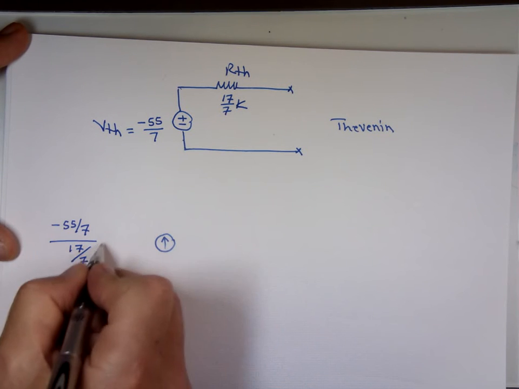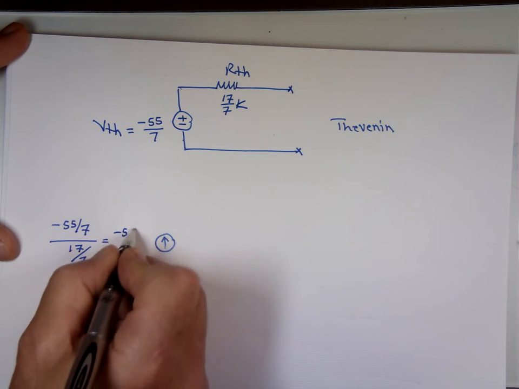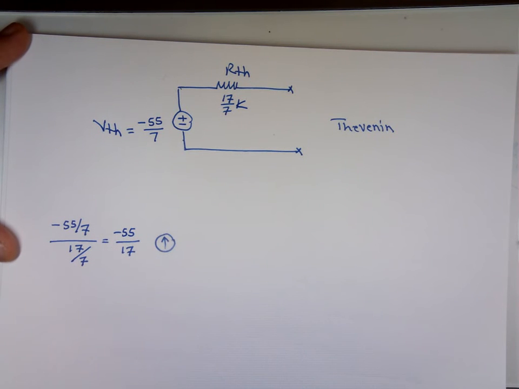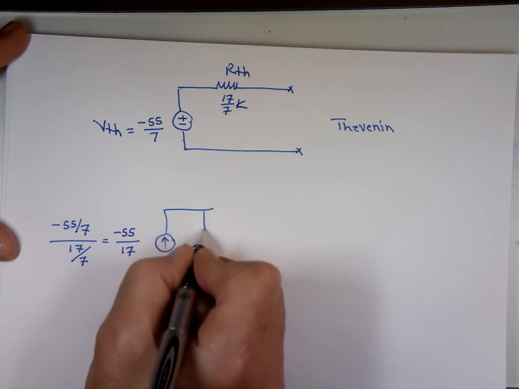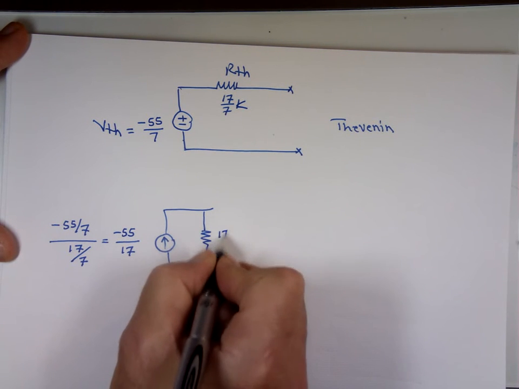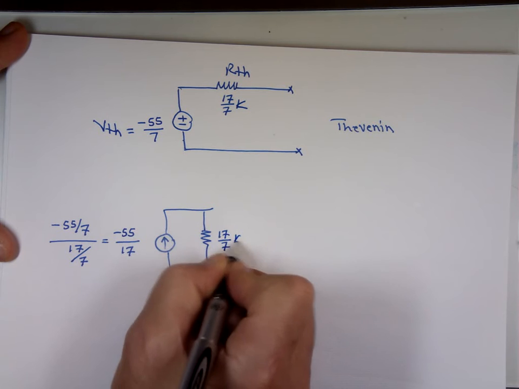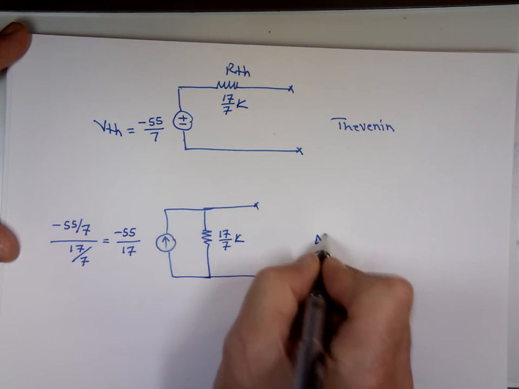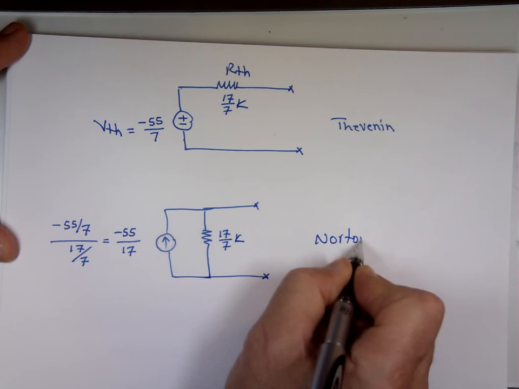You do the math, that's negative 55 over 17, in parallel with a resistor equal to 17 over 7K. And that's my Norton equivalent circuit.